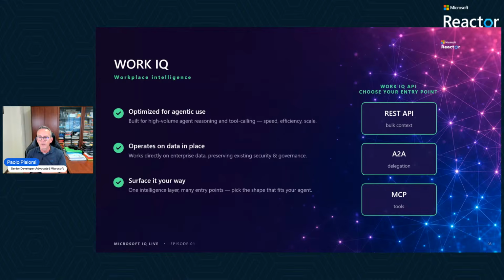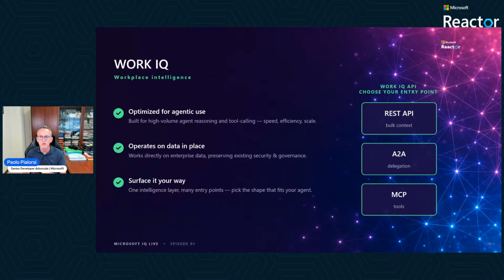When you have the REST API endpoint, you use it to interact between WorkIQ and a web application, for example, or a device. And when you have MCP, you use it with a tool-oriented perspective whenever you want to consume WorkIQ from another agent as a set of tools available through the MCP protocol.